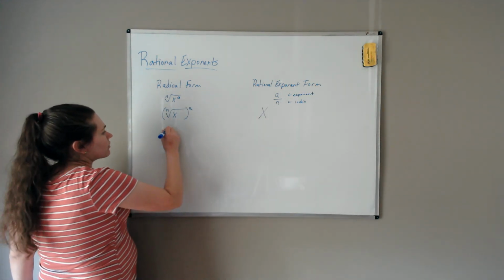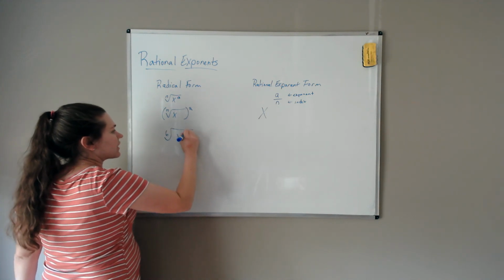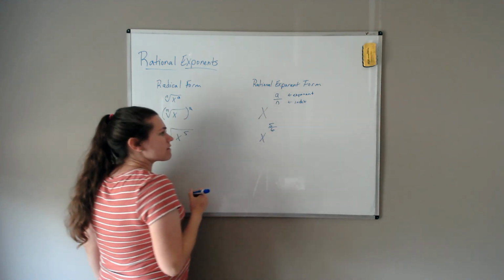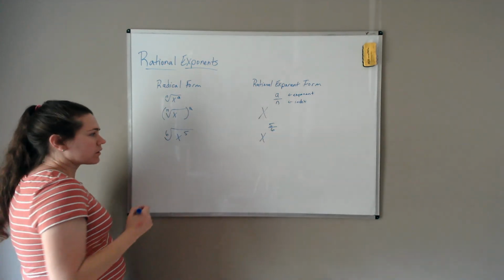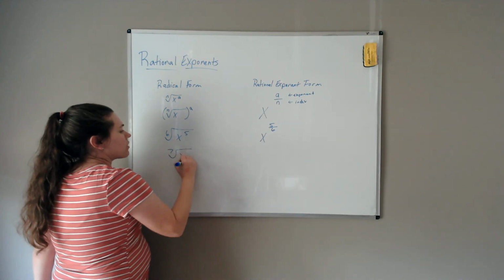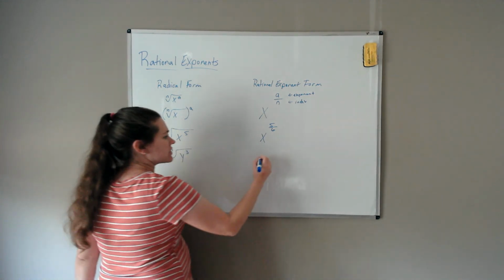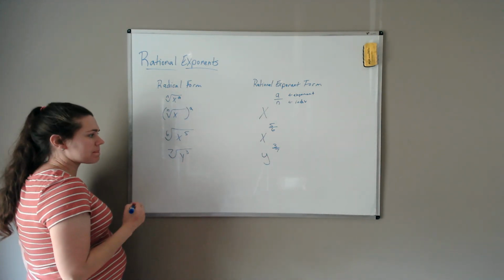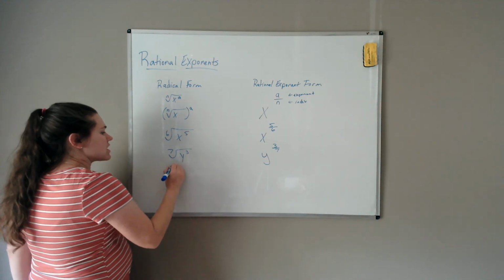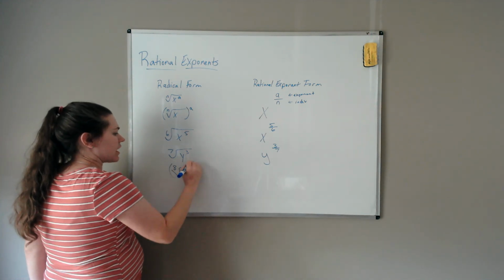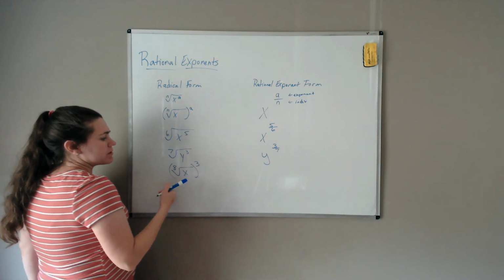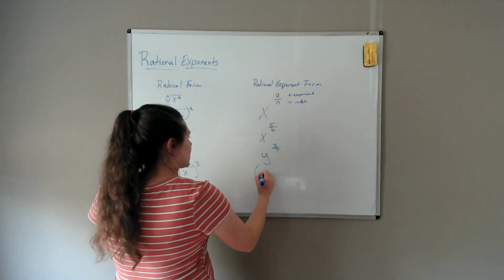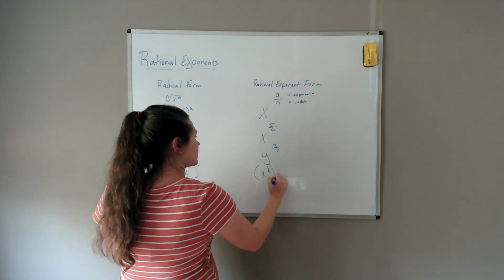So if you have to convert forms, the sixth root of x to the fifth would be the same as x to the 5/6. The seventh root of y to the third is the same as y to the 3/7. The eighth root of x, with the third outside, would be the same as x to the 1/8 to the third.